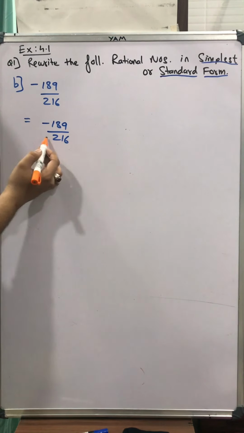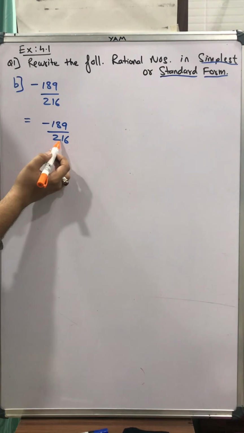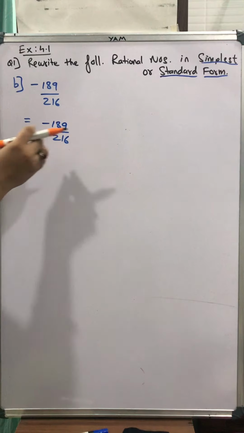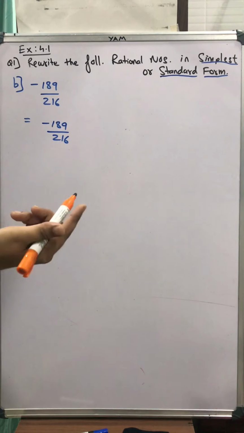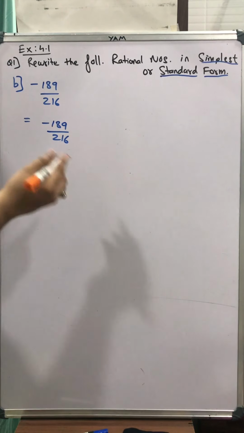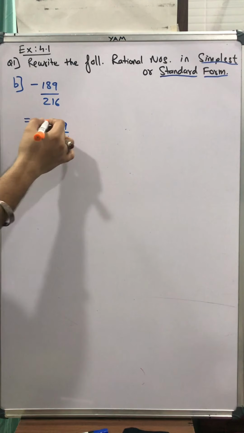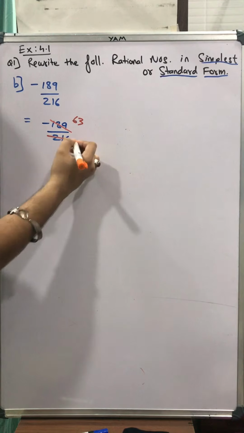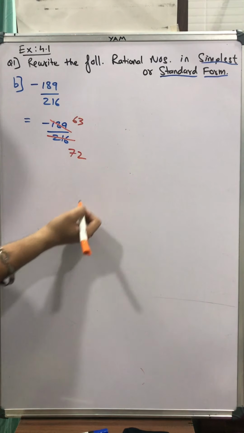Similarly, let's add the digits of the denominator. 2 plus 1, 3. 3 plus 6, 9. Does 9 go in the 3 times table? Yes. So because 9 goes in the 3 times table, 216 will also go in the 3 times table. So 3 6s are 18, 3 3s are 9, 3 7s are 21, 3 2s are 6.